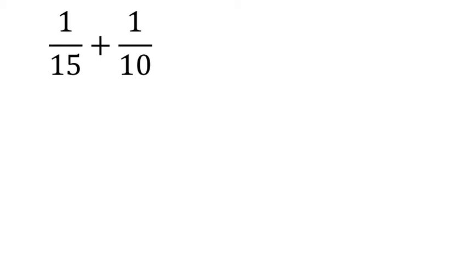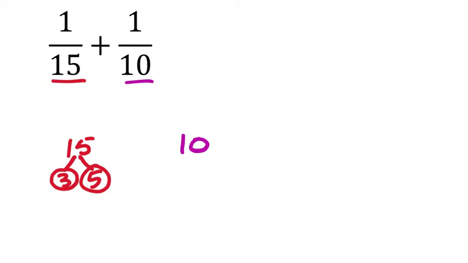Okay, so we look at both numbers, 15 and 10, right? So I'm going to look at prime factorization for both. And this isn't even too bad because we don't have a lot of prime factors for 15 or 10. So I would look at 15, and I see it has factors of 3 and 5. 10, on the other hand, has factors of 2 and 5.